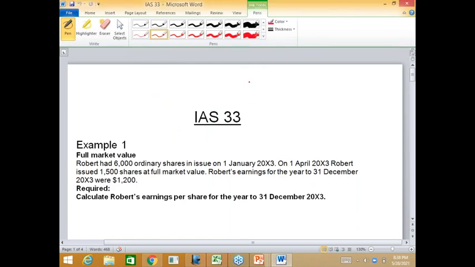IAS 33 says that you have to calculate two types of EPS. The first one is the basic EPS, and the second one is the diluted EPS according to IAS 33.